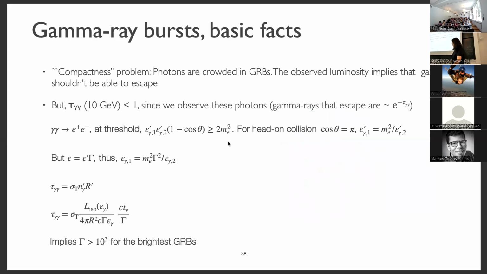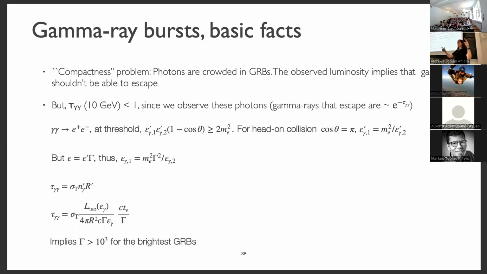One thing I want to say here about GRBs is similar to what I was saying before about blazars. The fact that GRBs even exist tells us something about how relativistic they are. So we measure 10 GeV or higher photons from GRBs, but we also measure their size from the timing.